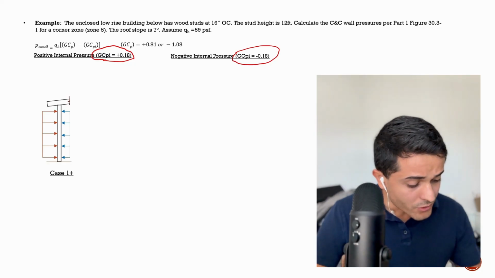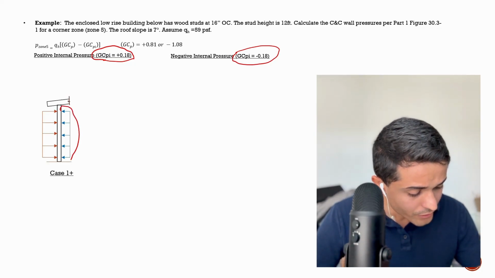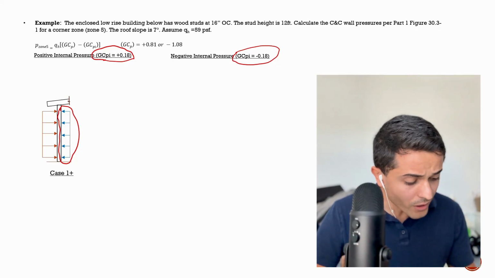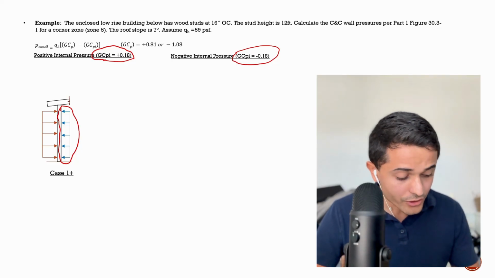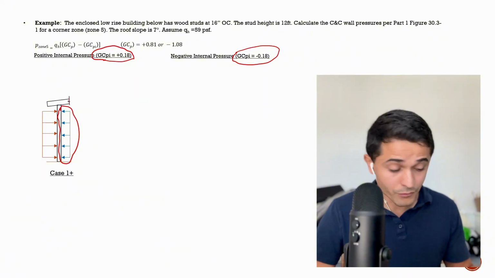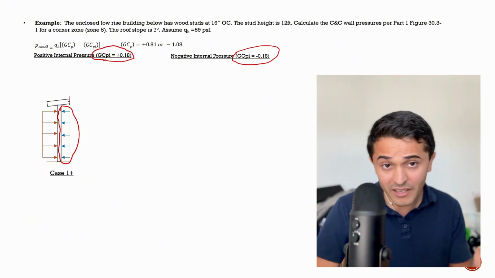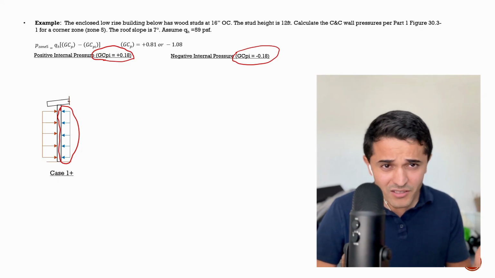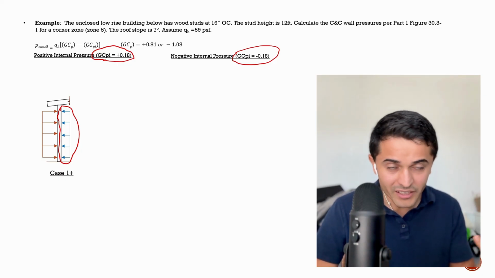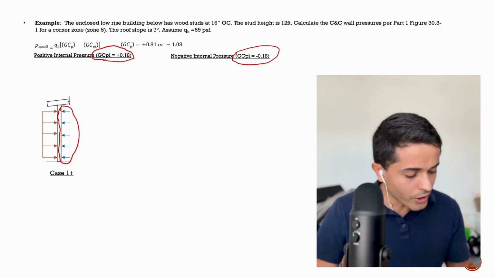So the first one is when the internal pressure here in blue is positive, and then the external pressure is also positive. The wind is hitting the building, zone 5. You can clearly see that they counteract each other, right? So they're going to cancel out a little bit, not entirely, but they're going to reduce each other.